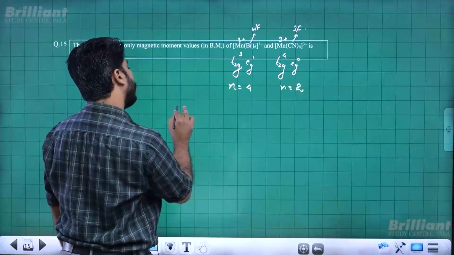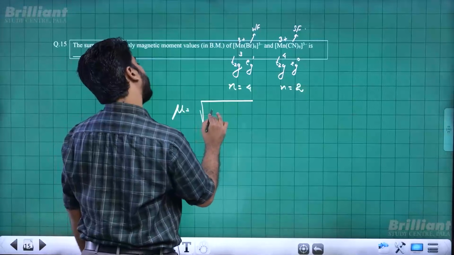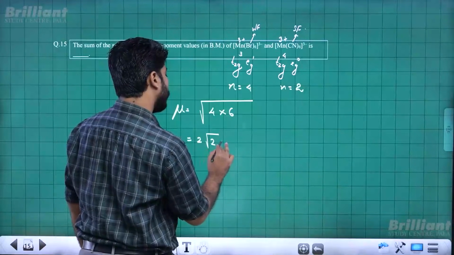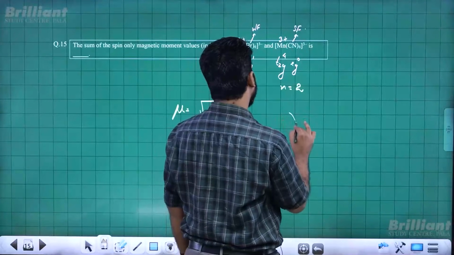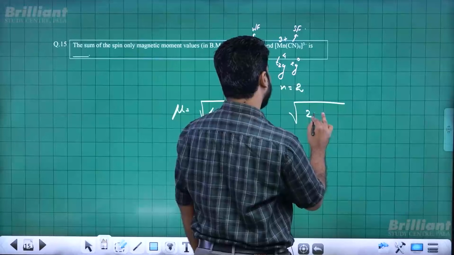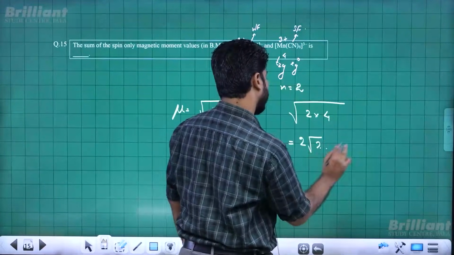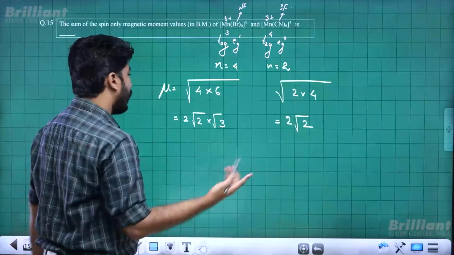So spin-only magnetic moment will be root of 4 into 6, which is 2 root 6, which is 2 root 2 root 3 Bohr magneton there, and here root of 2 into 4, which is 2 root 2. And the square roots of 2 and 3 have not been given.